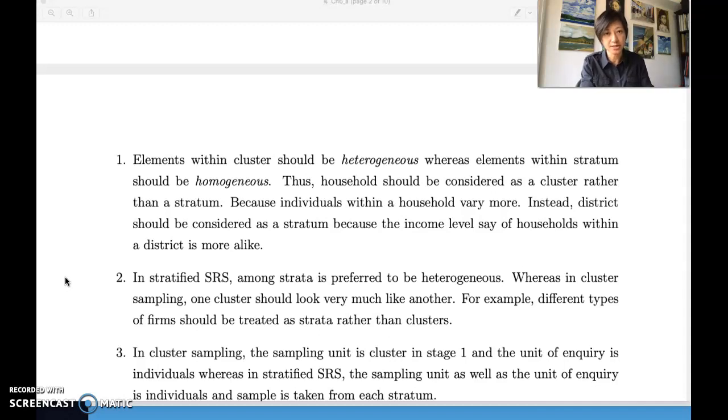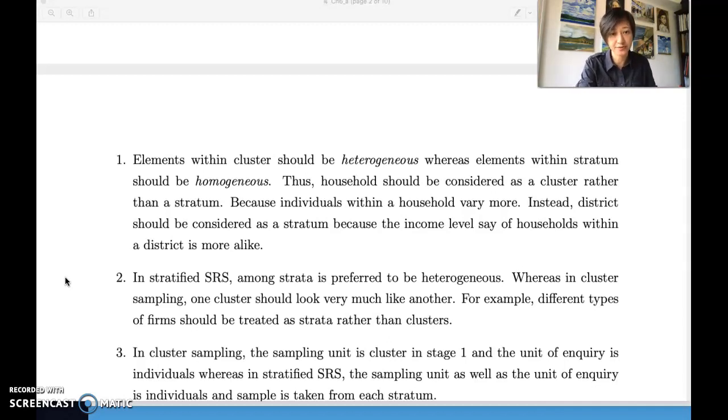So they are more homogeneous within the stratum, whereas comparing different districts, Wan Chai to Sha Tin or Wan Chai to Kwun Tong, the average income would be quite different. So between strata, they are heterogeneous.